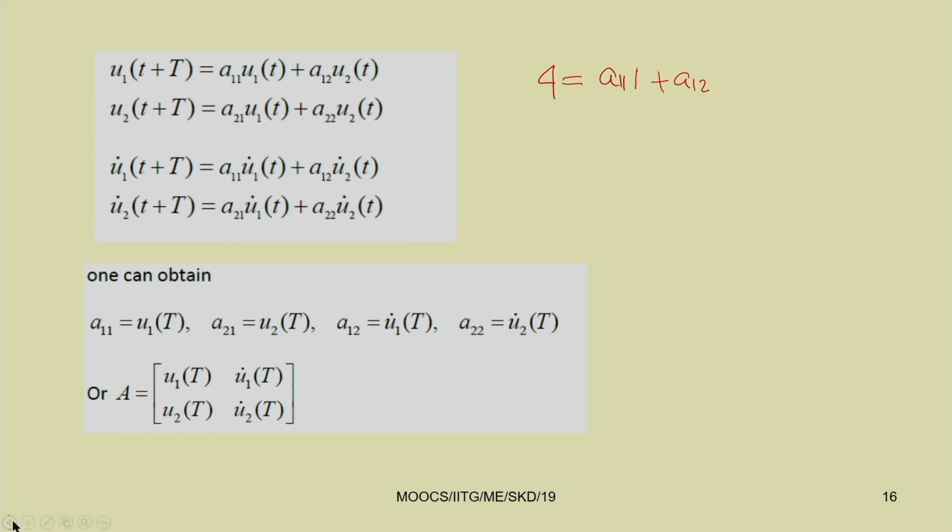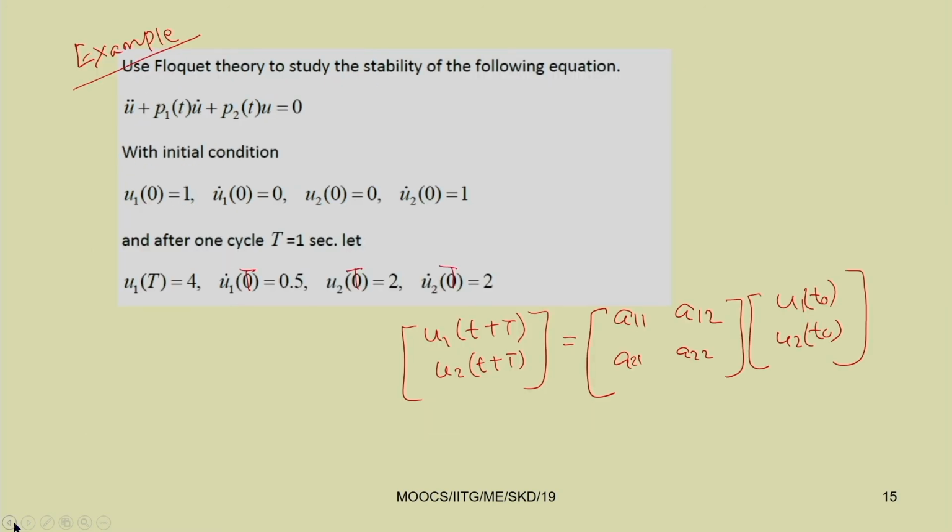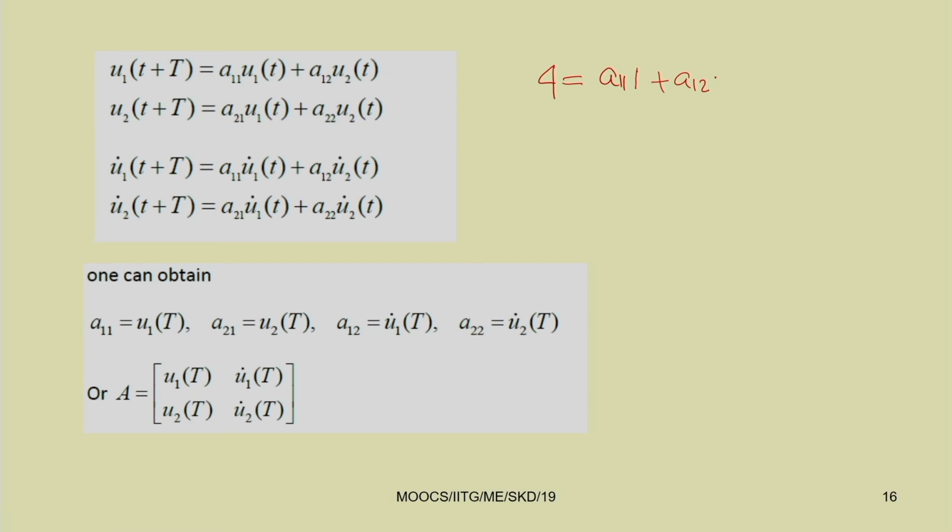You just note that u2 at t equal to 0 is equal to 0, so I can put it equal to 0, plus a12 into 0.